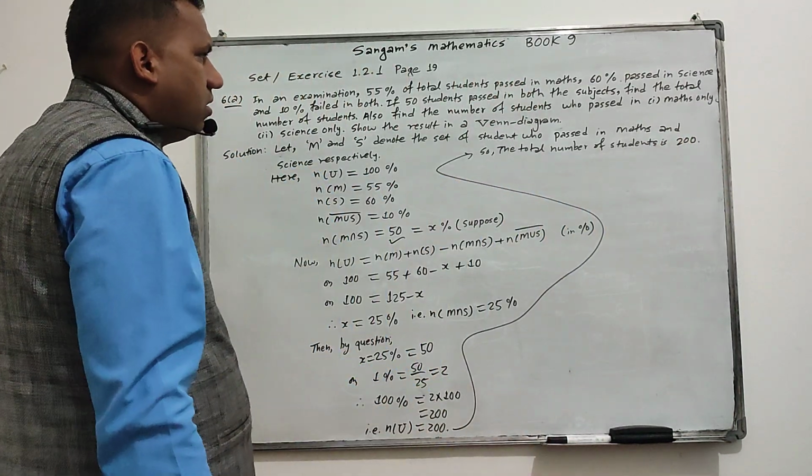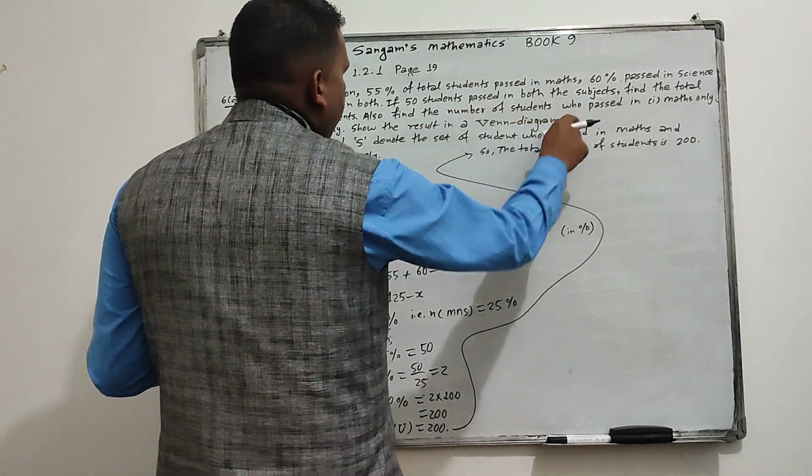Then for the first part, find the number of students who pass in math only.